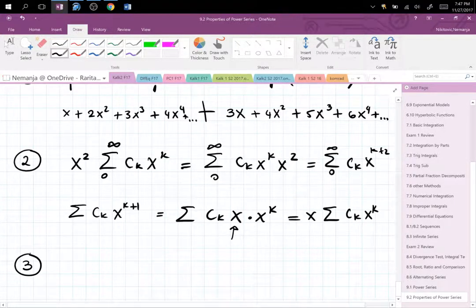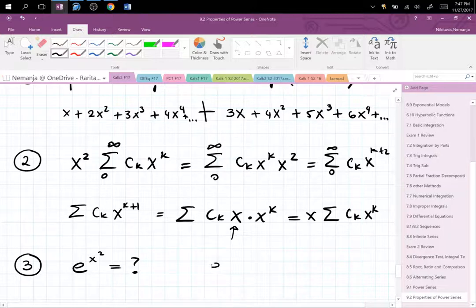And then number 3 is function composition. The easiest way to understand function composition, which we are going to use, by the way, in 9.4 a lot, is, let's say, e to the x squared. What is that equal to?